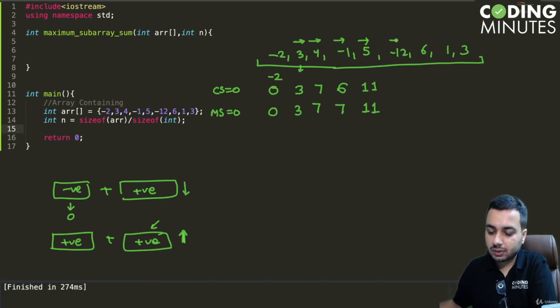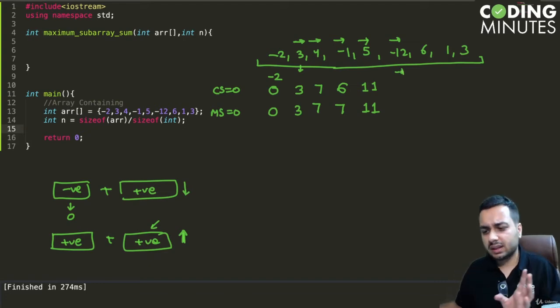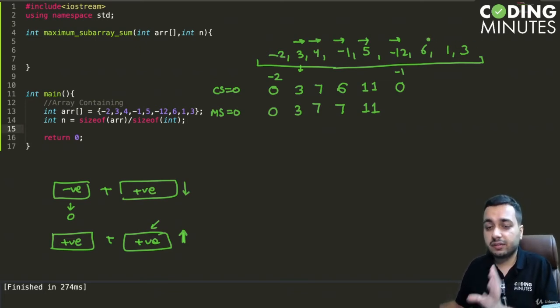Next we go to -12 and see that if I include -12 here, this sum would become -1. It's better to ignore it and just keep 0. The sum till this point is 0, because if you include -12, the entire sum goes negative, and it will not help if we combine it with some positive array from the right.